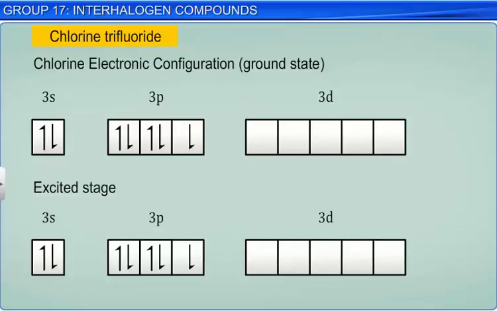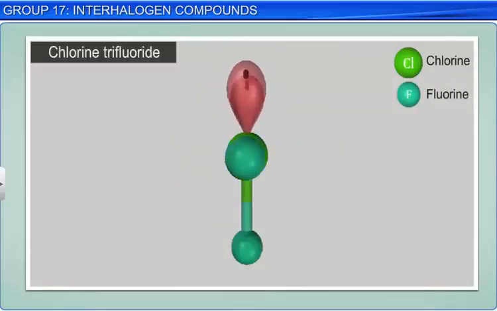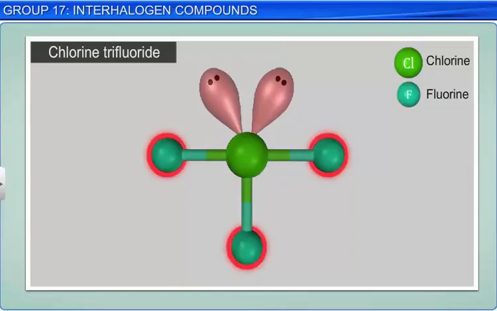In chlorine trifluoride, the central atom chlorine has 7 electrons in the valence shell. 3 of these will form 3 bond pairs with 3 fluorine atoms, leaving 4 electrons. So, according to VSEPR theory, these will occupy corners of a trigonal bipyramid.